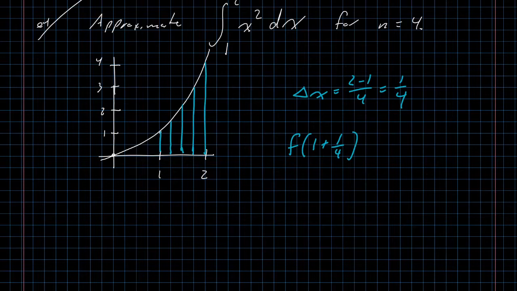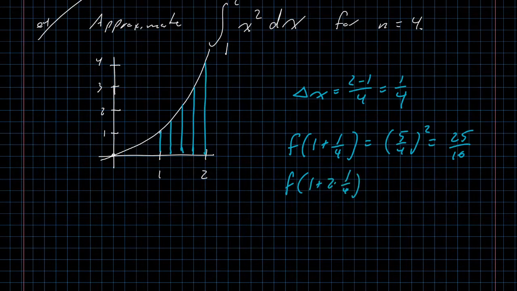And we can evaluate f of 1 plus 1/4 is, well, 1 plus 1/4 is 5/4. And 5/4 squared is 25/16. Then we'll take 2 times 1/4, which is 1/2. 1 plus 1/2 is 3/2. 3/2 squared is 9/4.